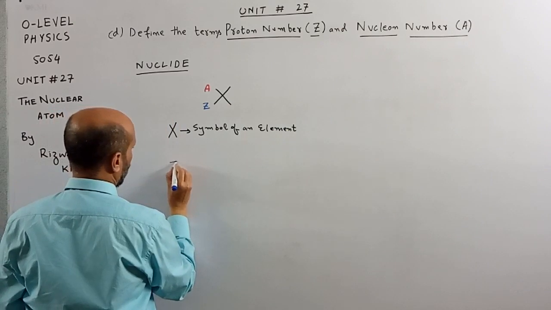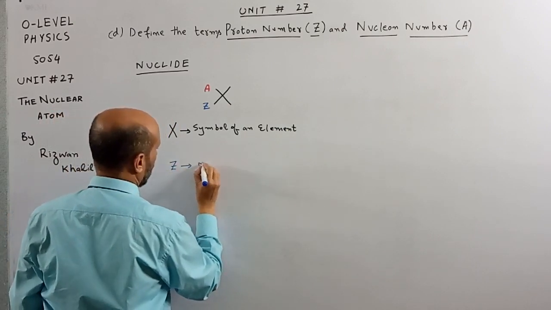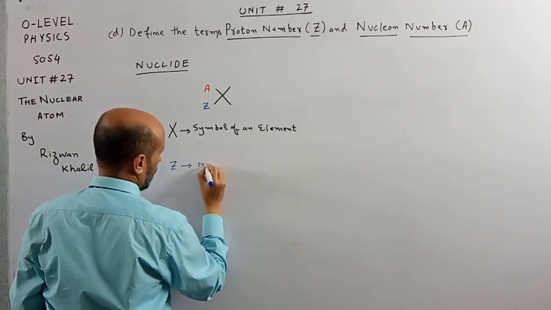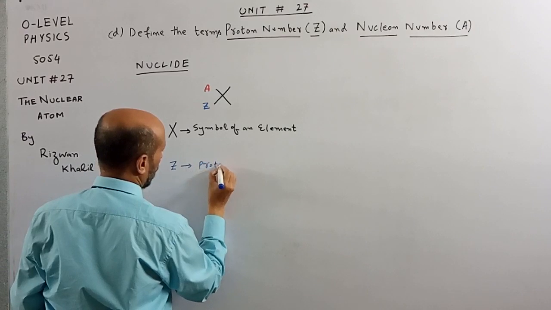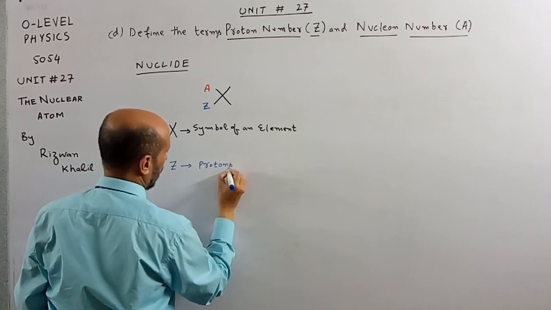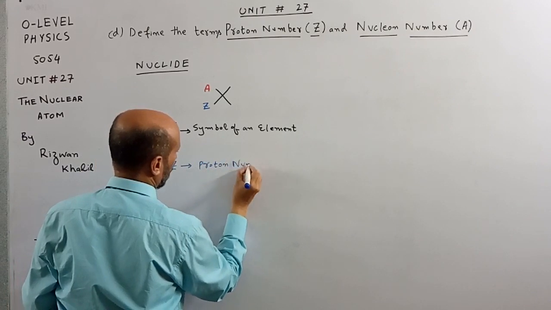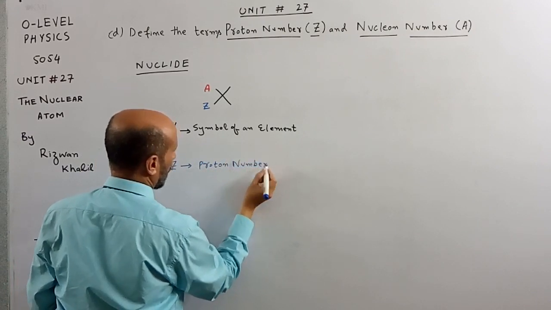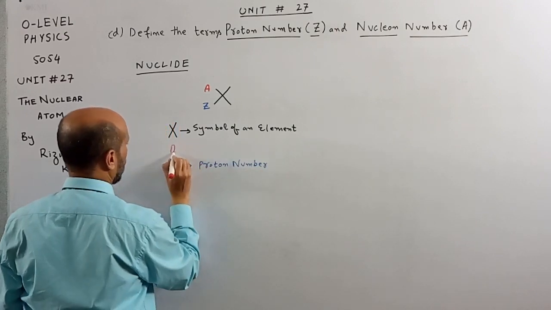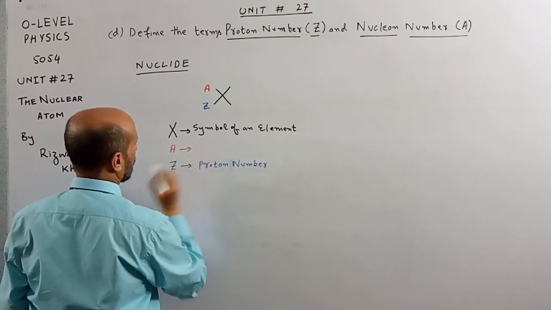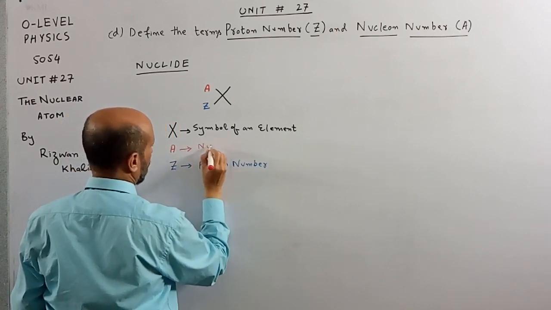Capital Z, we already know that it stands for proton number, and capital A stands for nucleon number.